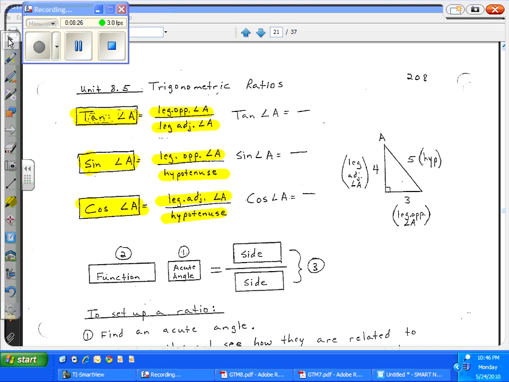And it comes from this. Sine is opposite over hypotenuse. And so they put SOH. Sine, opposite over hypotenuse. Cosine, adjacent over hypotenuse.